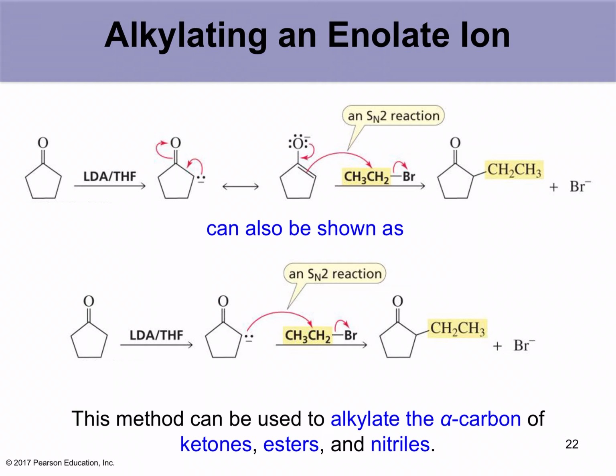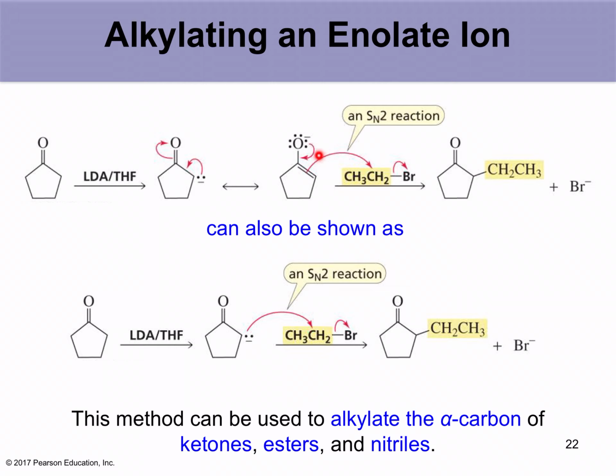Alkylating an enolate ion. Now we have found a good base that can form an enolate. When you want to form an enolate, we use LDA in the presence of tetrahydrofuran, and it's going to grab this hydrogen and form the carbanion. Then you can see the resonance form over here. If you want to alkylate the alpha carbon, you use any alkyl halide, for example to add an ethyl group.